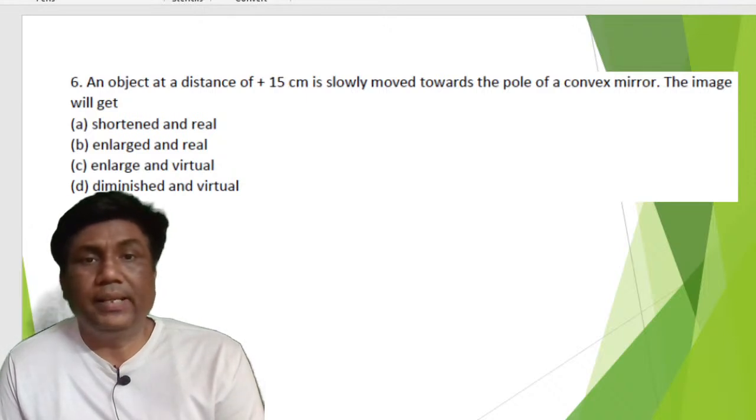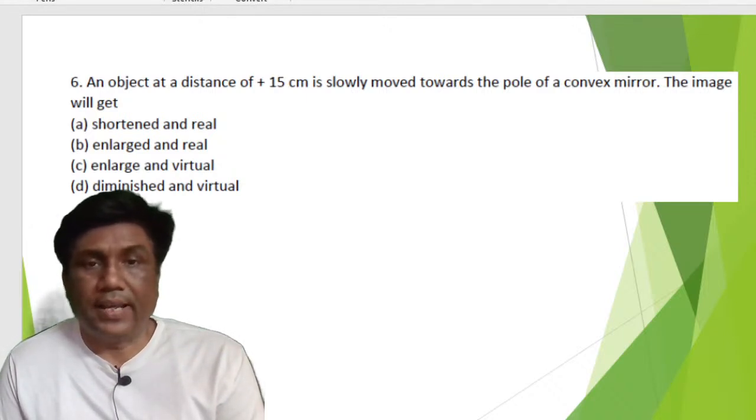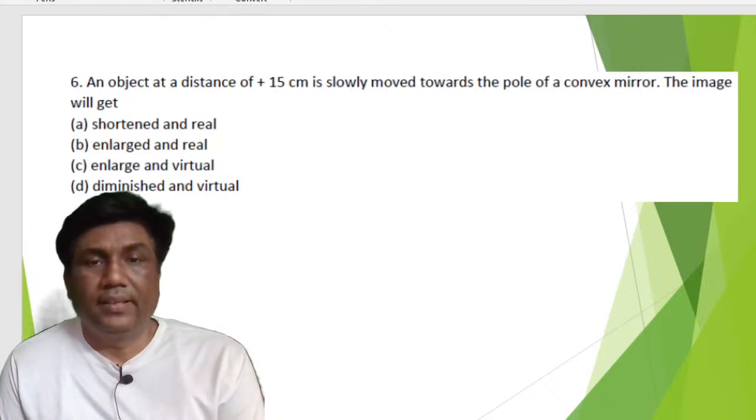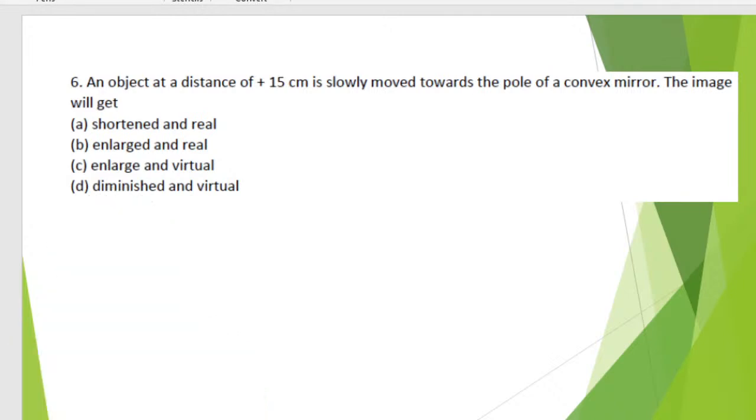The image will get: shortened and real, enlarged and real, enlarged and virtual, or diminished and virtual. Out of the 4 options, which one is correct?